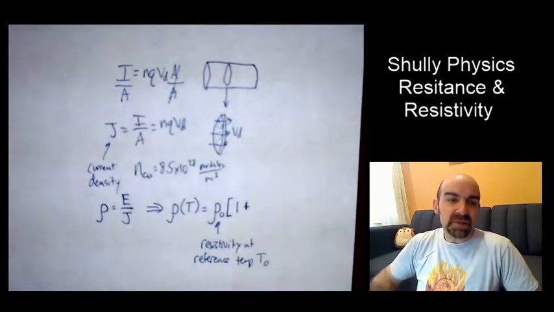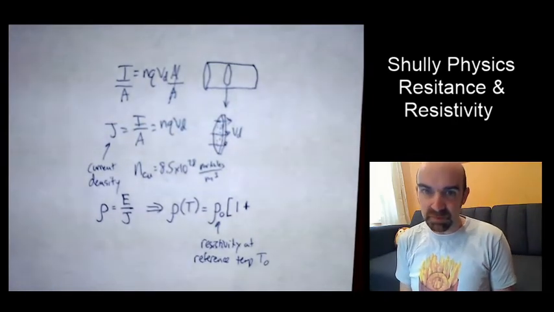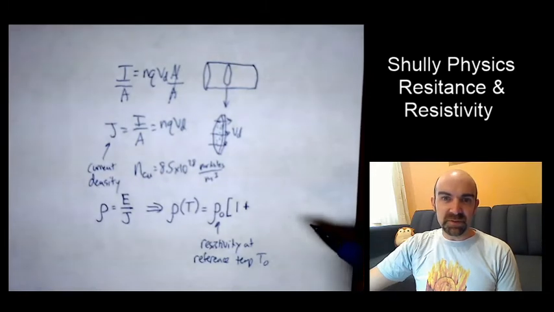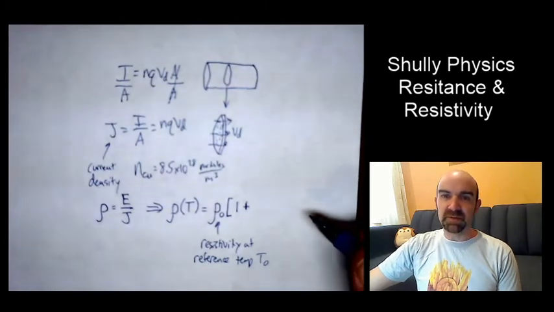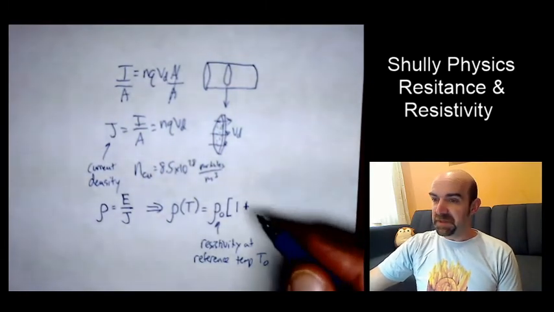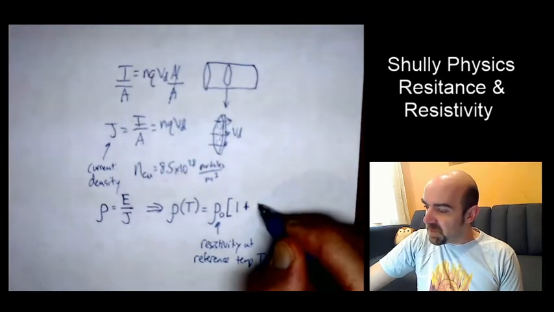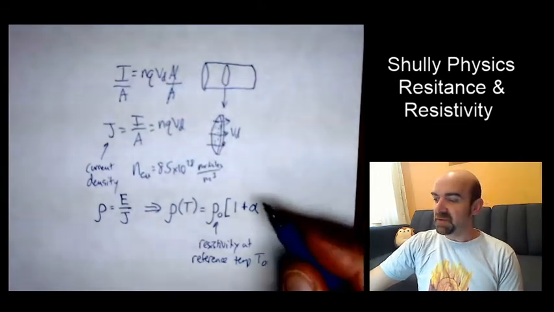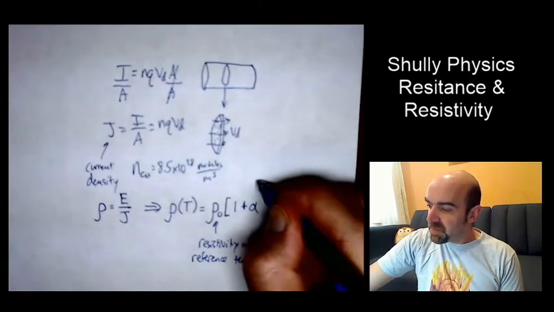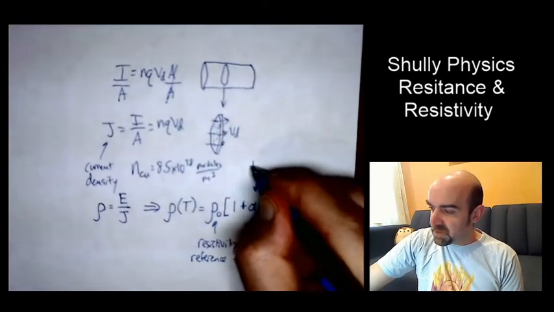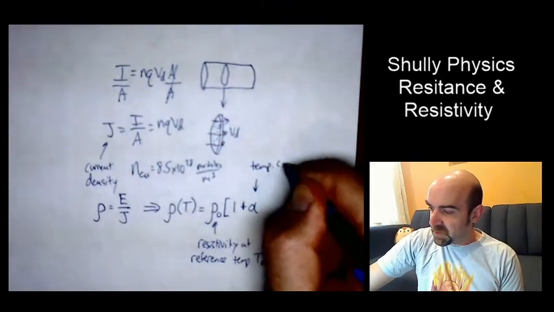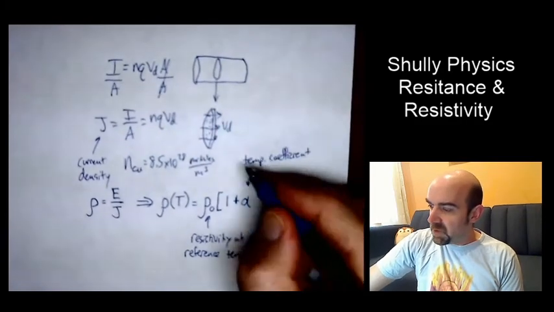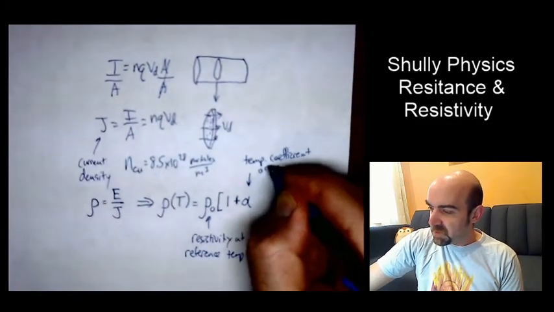And now every material, copper, aluminum, any other metal you can think of, will react differently to a change in temperature, just as the density would. So there is a measurable temperature coefficient of resistivity called alpha. I'll describe that here. This is called the temperature coefficient of resistivity.